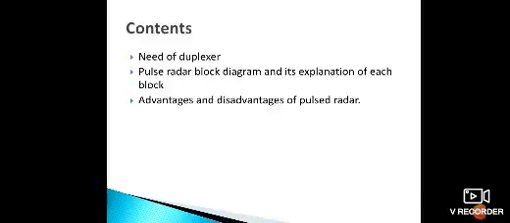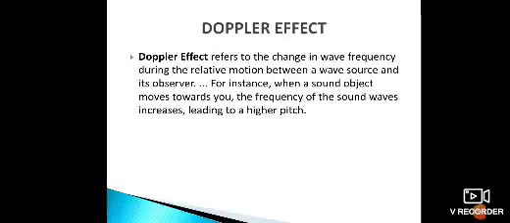Today we are going to cover the need of duplexer, the pulsed radar block diagram and its expression. Each block will be explained in this session, along with the advantages and disadvantages of pulsed radars. First of all, to understand pulsed radars, we have to know about the Doppler effect.